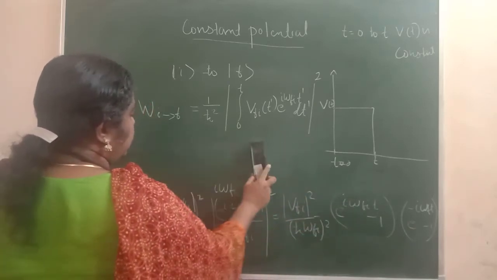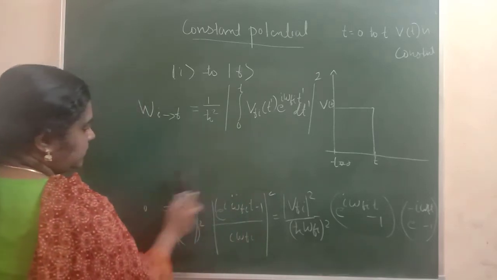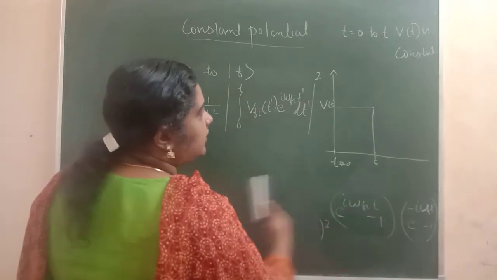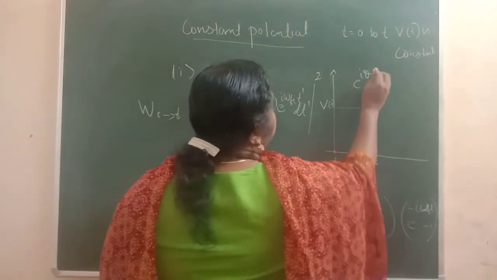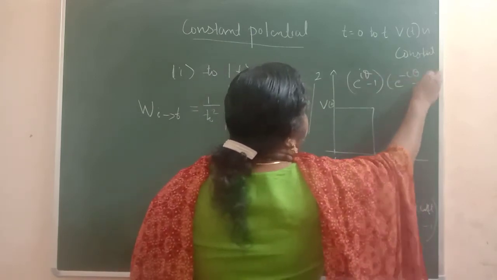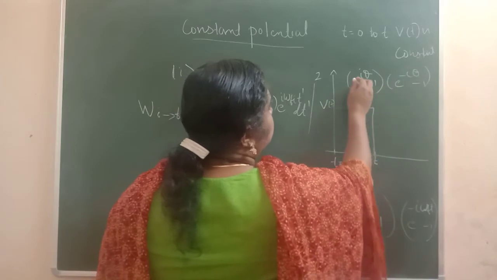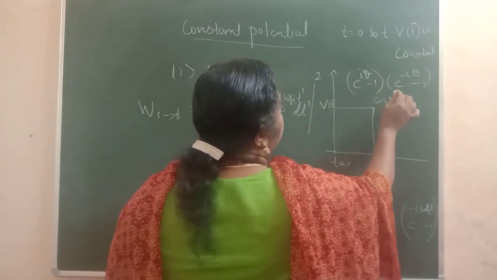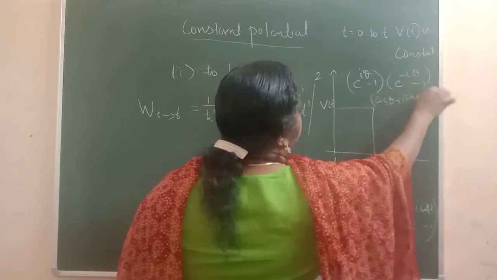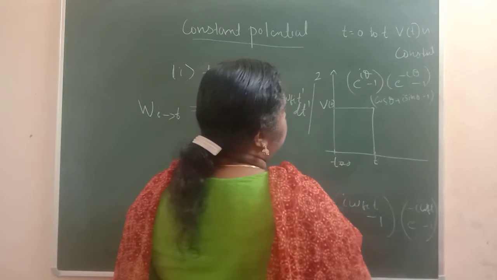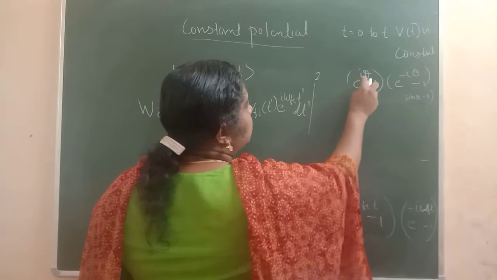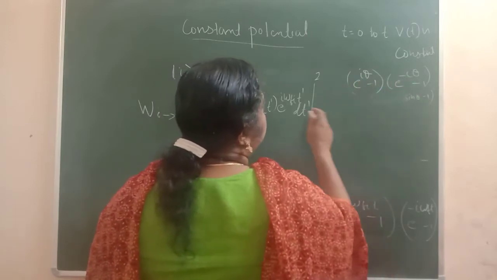You can do it. e raised to i theta is cos theta plus i sin theta minus 1, or you can directly do it like this. e raised to i theta and e raised to minus i theta, it will be 1.